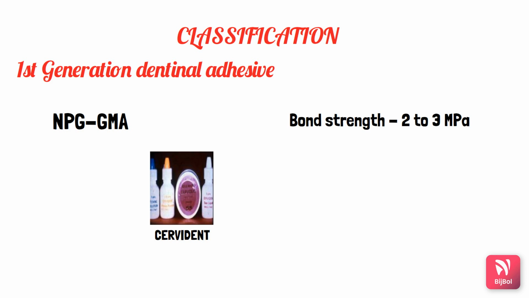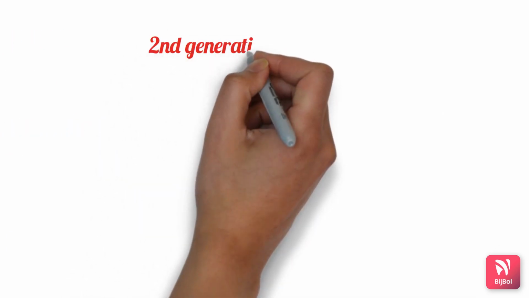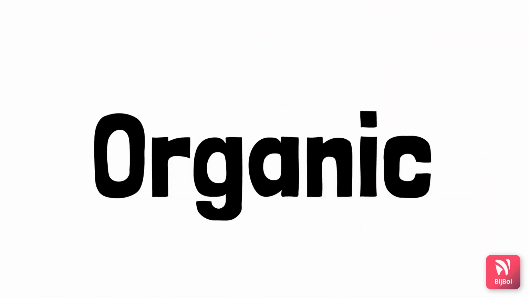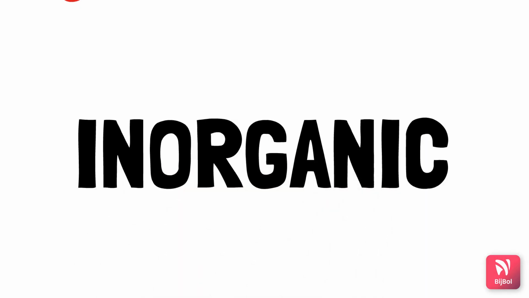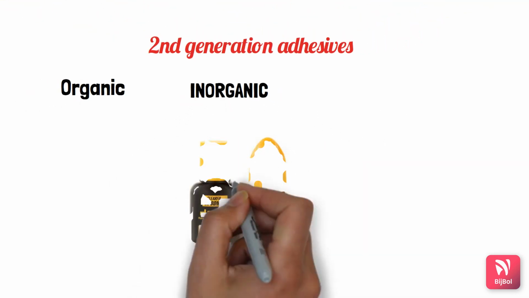Now we'll read about the second generation dentin adhesives. In an attempt to bond chemically to the organic component of the dentin by the isocyanate and carboxylic acid group, and to the inorganic component of the dentin by the phosphate group and the amino group, they affect the bond to the calcium or the collagen of the dentin.